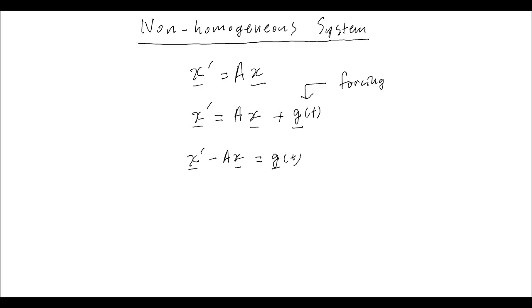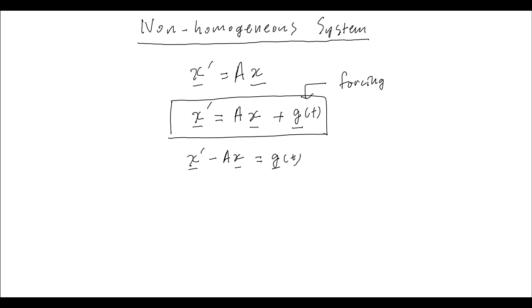And you can easily see that this is in the form of non-homogeneous ODEs, right? As we have seen in the second order ODE case. Okay, so usually this is the general form for a non-homogeneous system of ODEs.